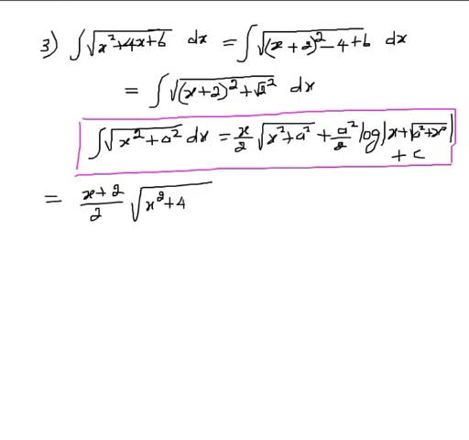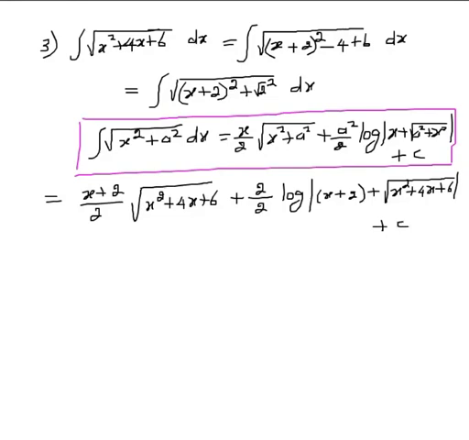If you open the brackets and simplify, you will get the same expression which is given in the question. Plus a square, a is root 2, a square will be 2, divided by 2 log of absolute value of x is x plus 2 and the same expression as in the question. Plus c.